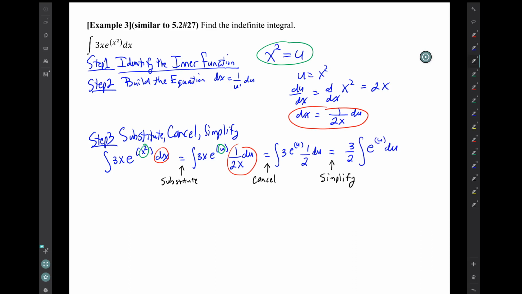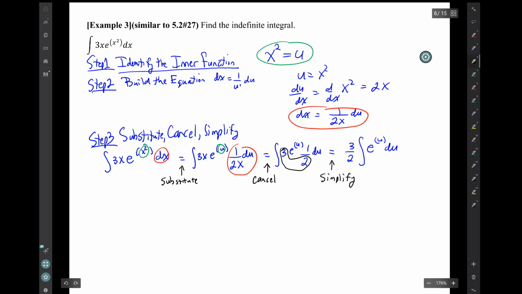This is our first example in which we had to do all three things: substitute, cancel, simplify. In the substitute step, we did the green and red substitutions. In the cancellation step, we canceled those two x's. And then we had leftover constants.